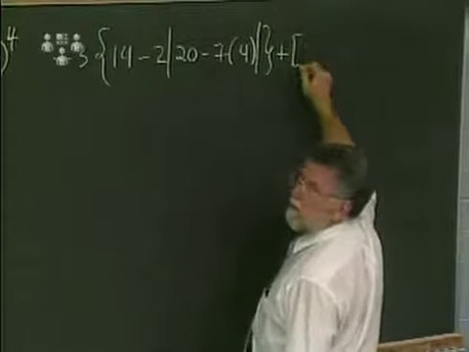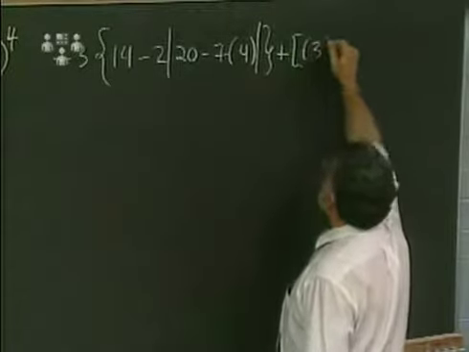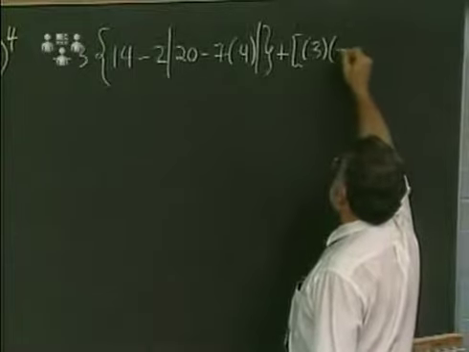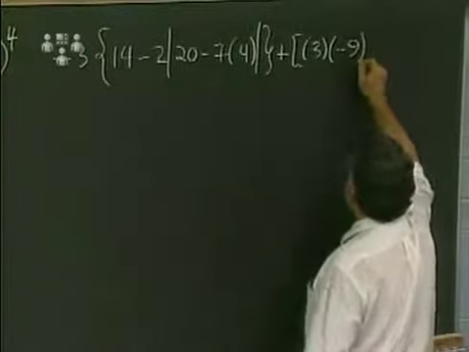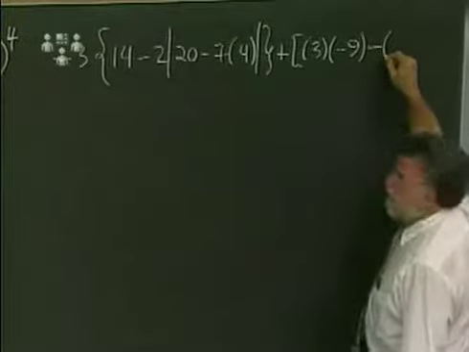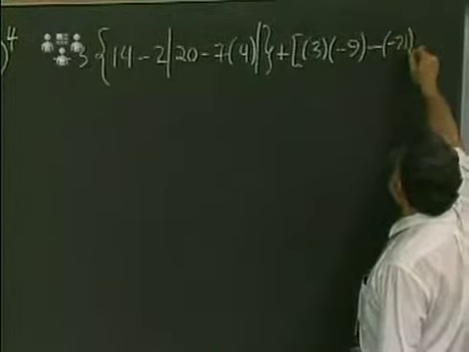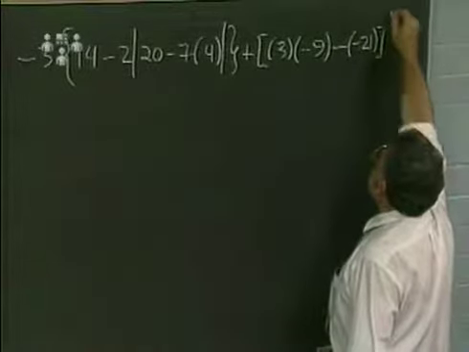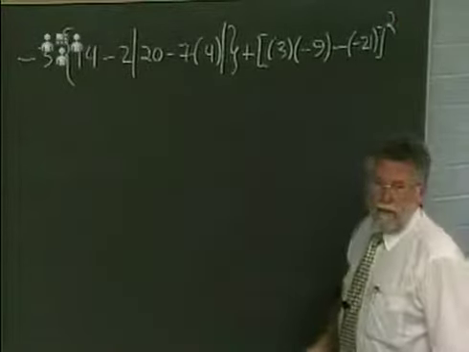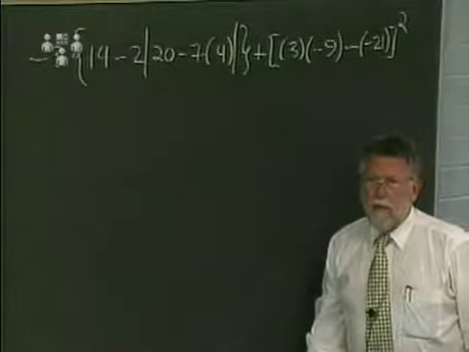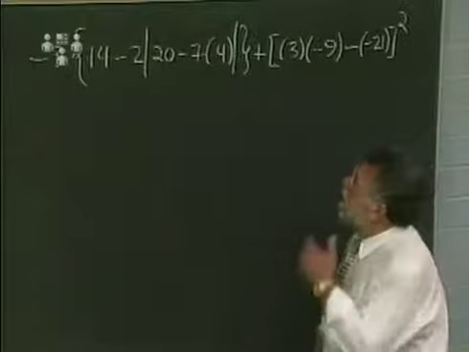Open parenthesis 3. Close. Open parenthesis -9. Close. Minus. Open parenthesis. You better be done pretty soon. I'm running out of room. -21. Close parenthesis. Bracket. 2 to the exponent? Quantity. That whole thing to the second power. Well, you got done just in time because I was out of board.